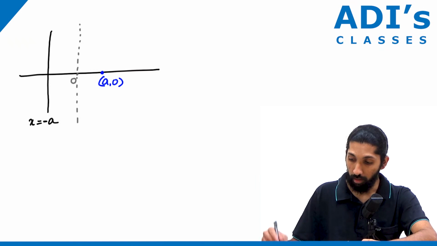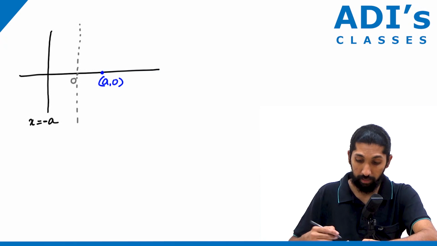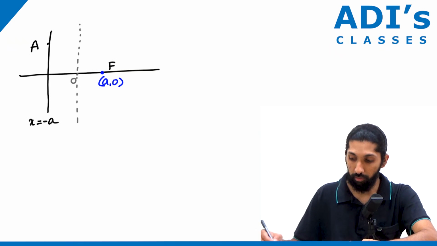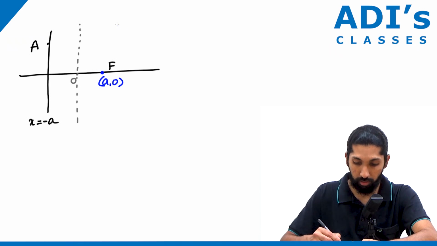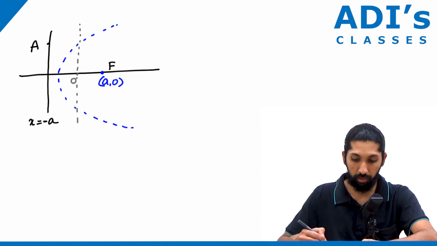Okay. Now the locus of a point which moves in such a way that, I'll take this point as F and some other point here as A. Now you have some equation which is moving like this. Okay, this is the parabola.